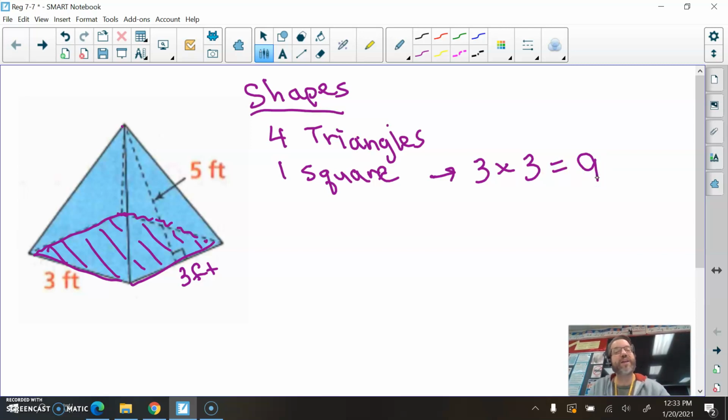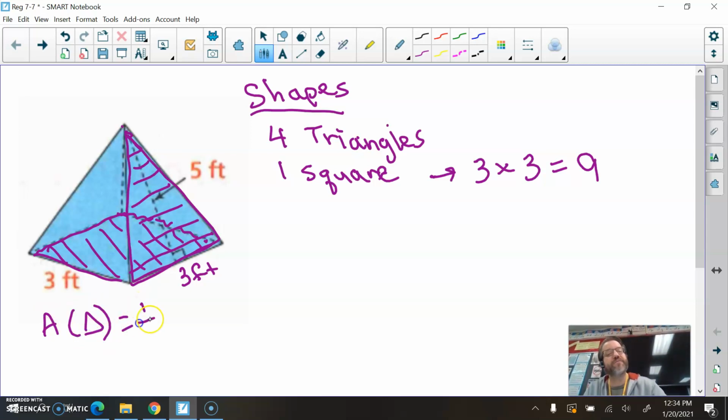Now, these four triangles that you see here, like here's one right here on the side here. Since the base is a square, won't all four triangles be the same? They'll all have a base of 3 and a height of 5. So to find the area of a triangle, remember this formula, we take 1/2 times the base times the height.